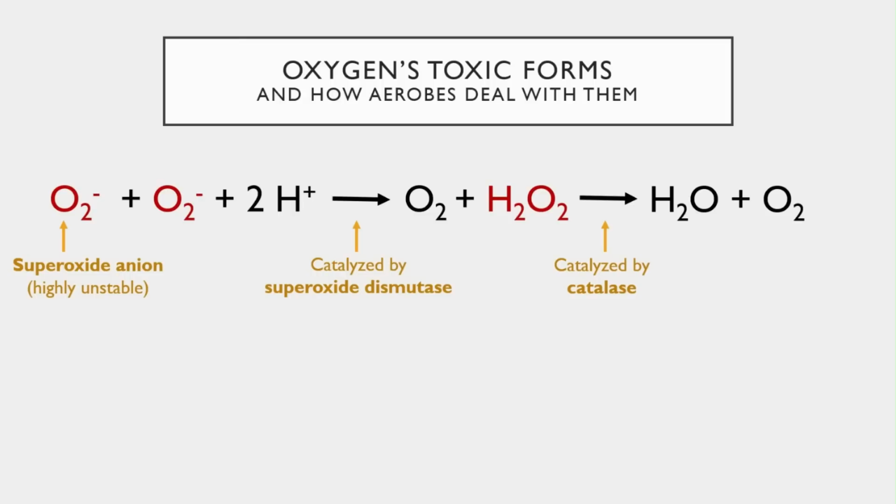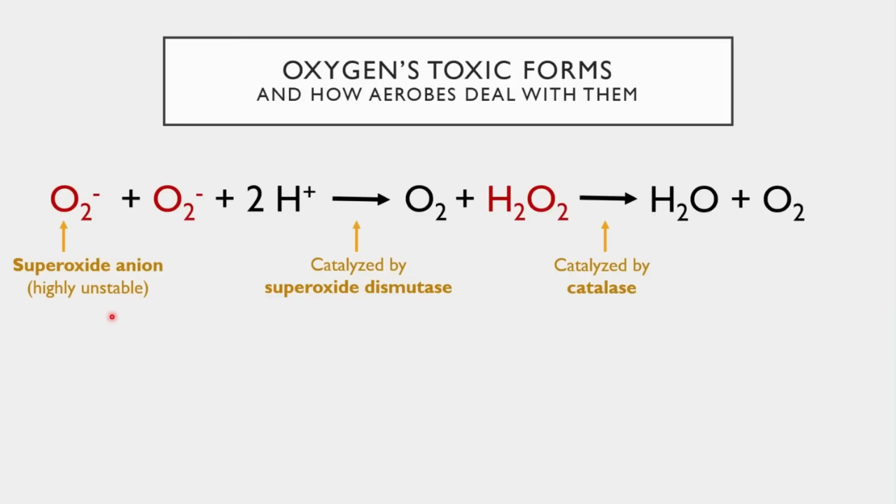Some microbes can catalyze the following reaction here using an enzyme called catalase, where they convert H2O2 into water molecules and an oxygen molecule, which are two very stable compounds in the cell. Now, don't worry about balancing out the equations here or anything like that, but you need to know about superoxide anion.